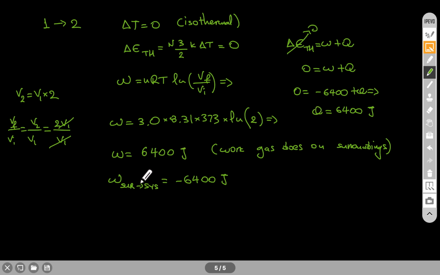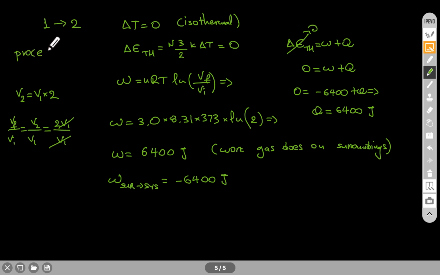Now, I have the work, I have Q, I have the volume for state 2, I have other quantities for state 2. This is how, in this example, I'm showing you how you can work with an ideal gas process.